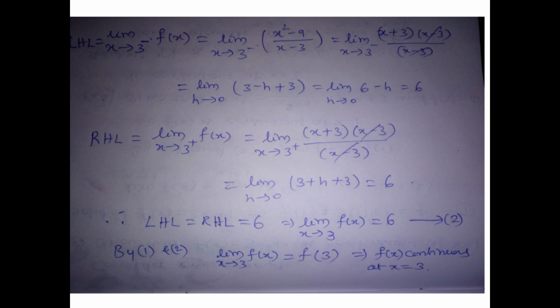So I can write it as limit h tending to 0 of (3 minus h) plus 3, which is equal to limit h tending to 0 of 6 minus h, which is equal to 6. And similarly for the right hand limit, limit of f(x) as x tends to 3 from the higher values of 3.